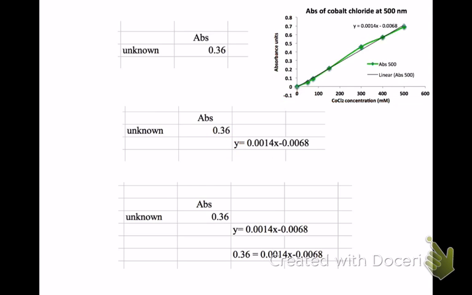When we do that, we get the formula shown here: 0.36 is now equal to 0.0014x minus 0.0068. Now we just have to do some very simple math manipulations.